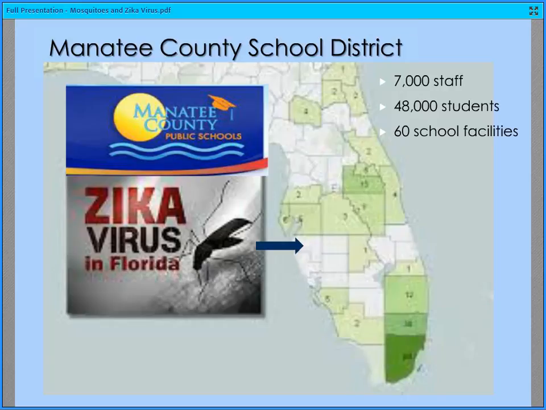We started out trying to educate the staff, the teachers, custodians, and plant managers, and keeping the school cleaned up of standing water, bird baths, and butterfly gardens where they have feeders. It expanded from there to issues out in the play fields, the courtyards, and the practice fields.